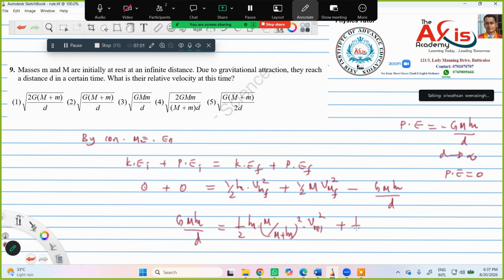Plus half capital M times small m over capital M plus small m whole square into V relative whole square. That's it. Now we can cancel capital M small m on both sides.